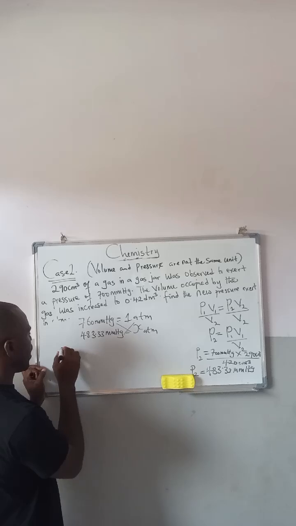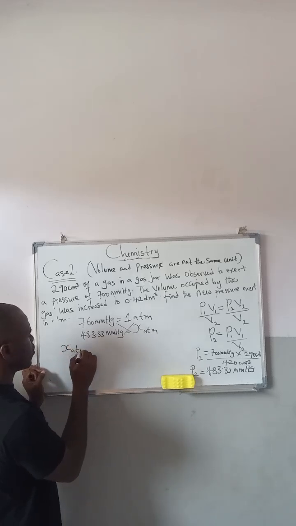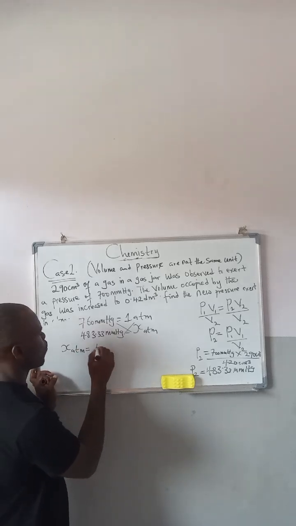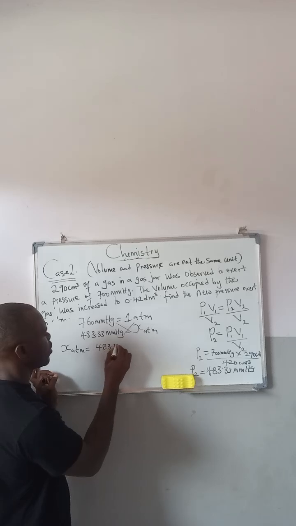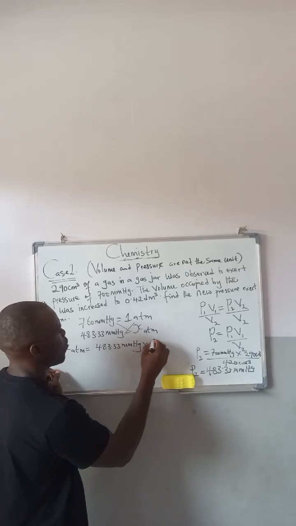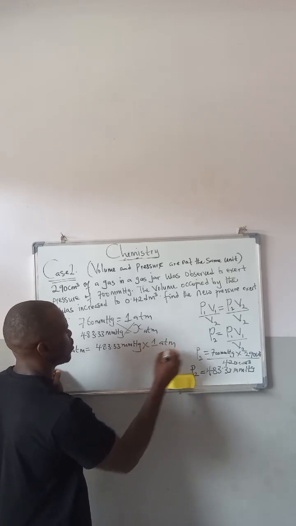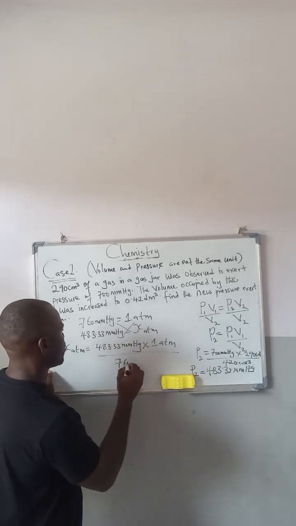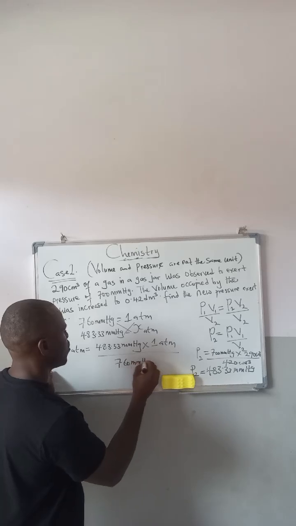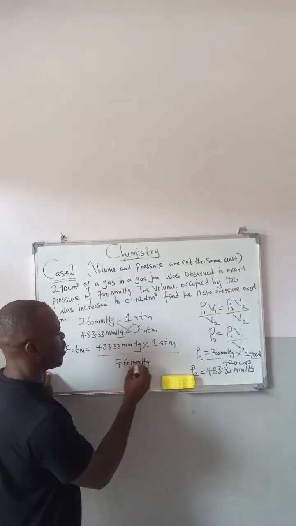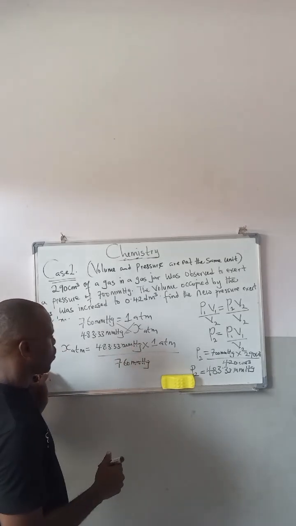So we now have x atm is equal to 483.33 millimeter mercury multiplied by 1 atm, all divided by 760 millimeter mercury. Are you with me? So this millimeter mercury and this millimeter mercury will go.